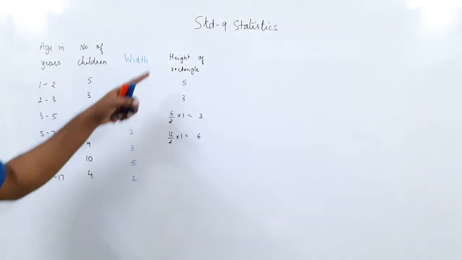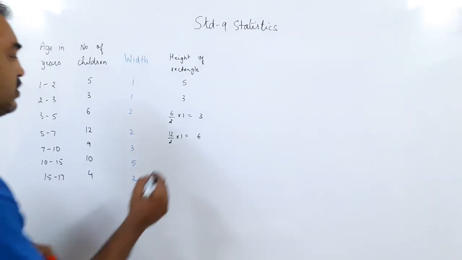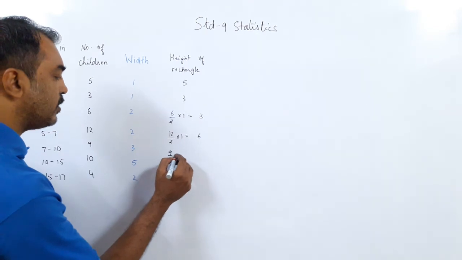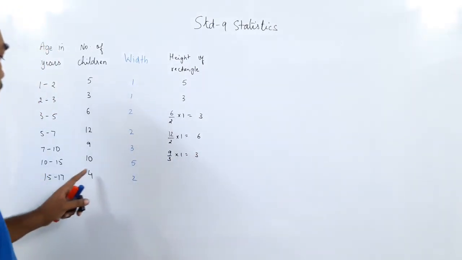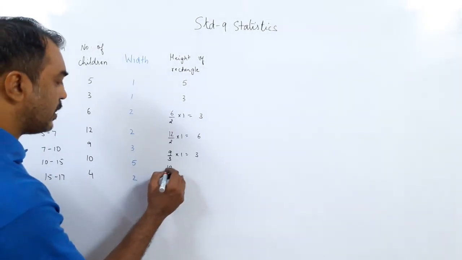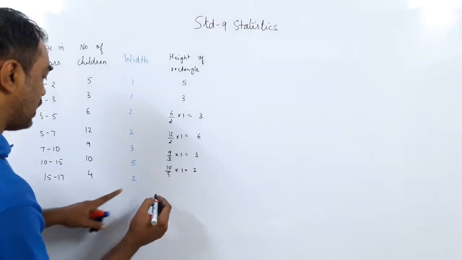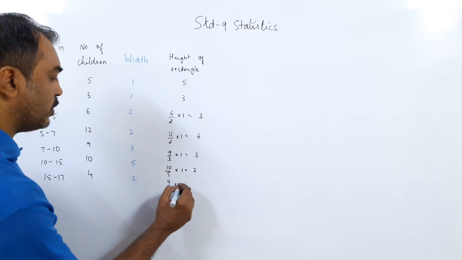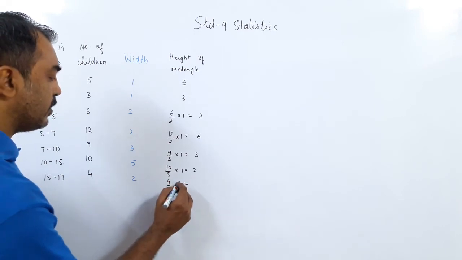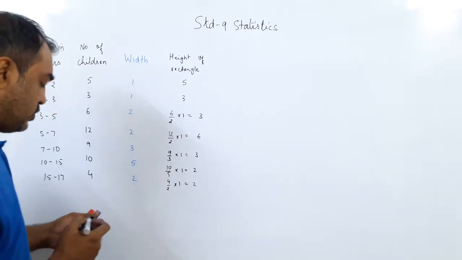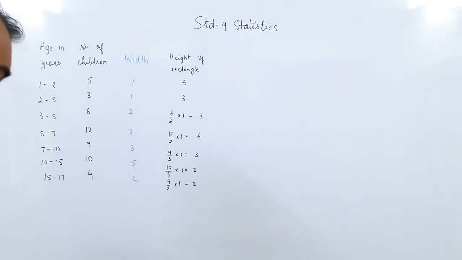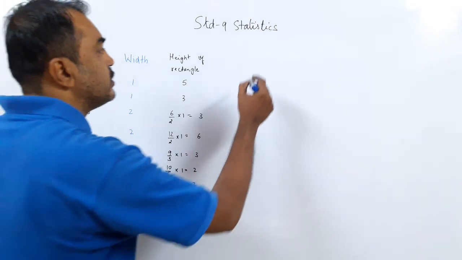We have to make the height 6. Then here the width is 3. So 9 upon 3 into 1 gives us 3. Here it is 5. So 10 upon 5 into 1 gives us 2, and this is 4, the gap of 2. So 4 upon 2 into 1 gives us 2. So here we have done what needs to be done. And now we will move on to drawing the histogram.